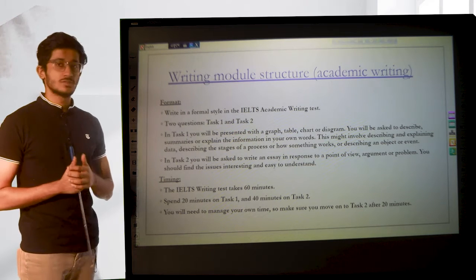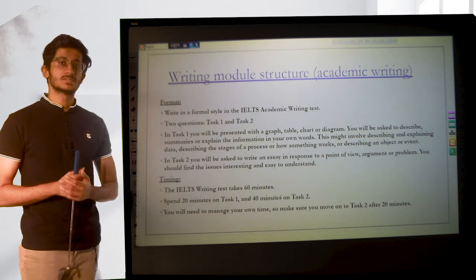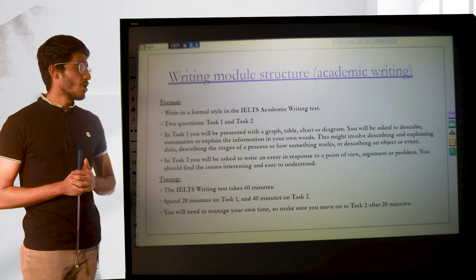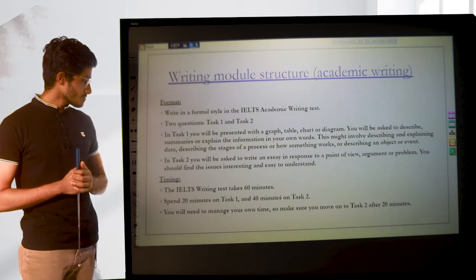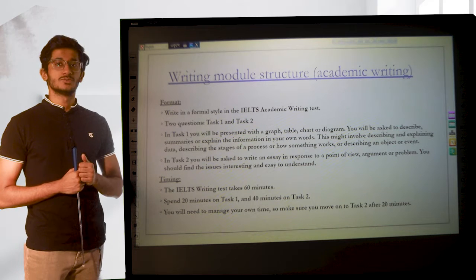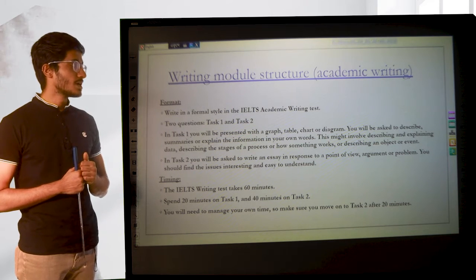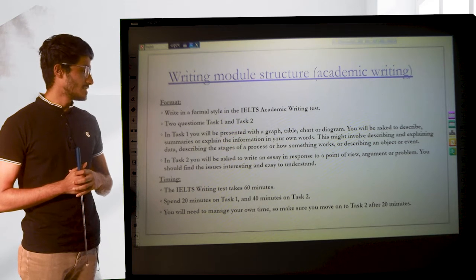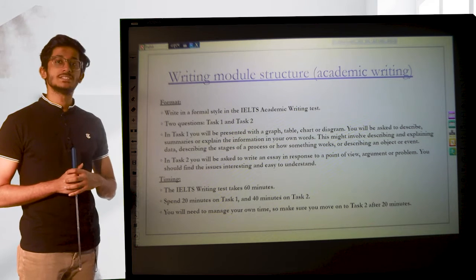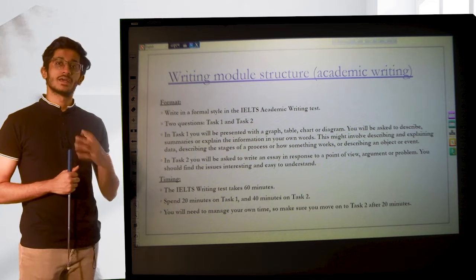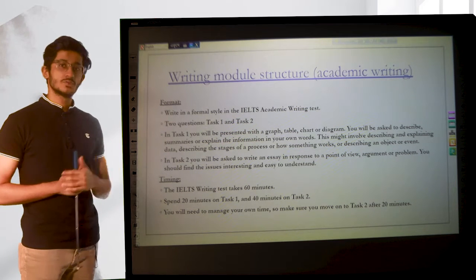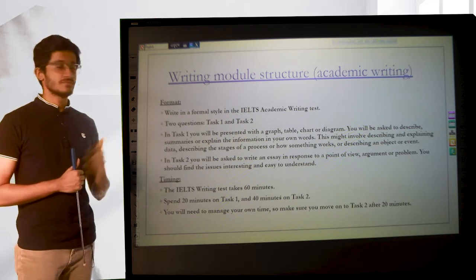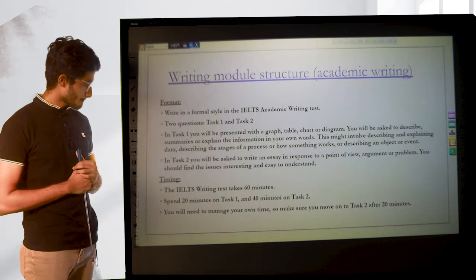So you might have to describe and explain the data, describe the stages of a process, or how something works. In Task 2, you will be asked to write an essay in response to a point of view, argument, or problem. You should find the issues interesting and easy to understand. We are going to have separate videos for Task 2, and this one only emphasizes Task 1.